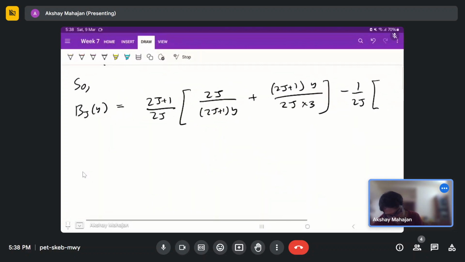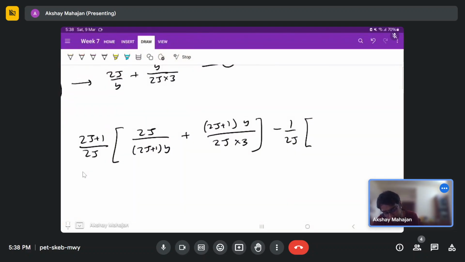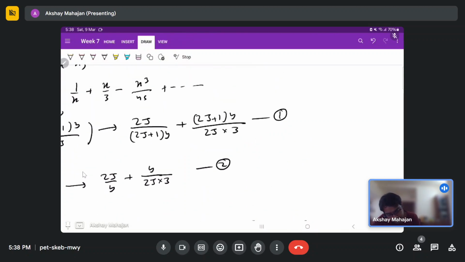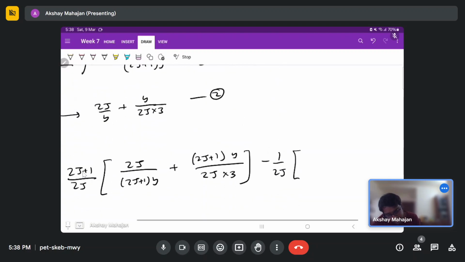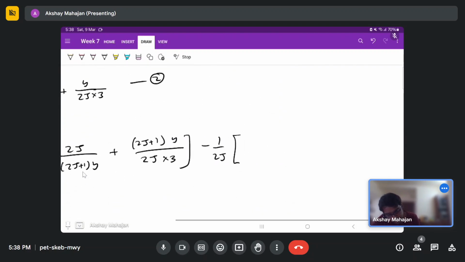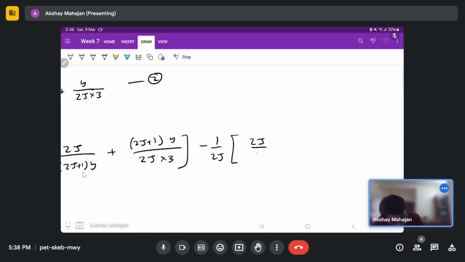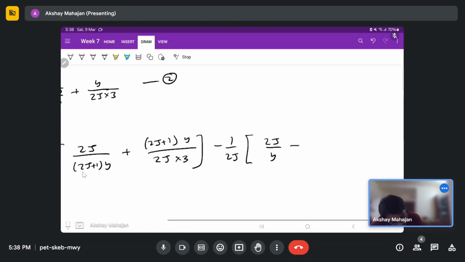So we will have (2j+1) upon 2j times [2j upon (2j+1)y plus (2j+1)y upon 2j times 3], minus 1 upon 2j times [2j upon y plus y upon 2j times 3].